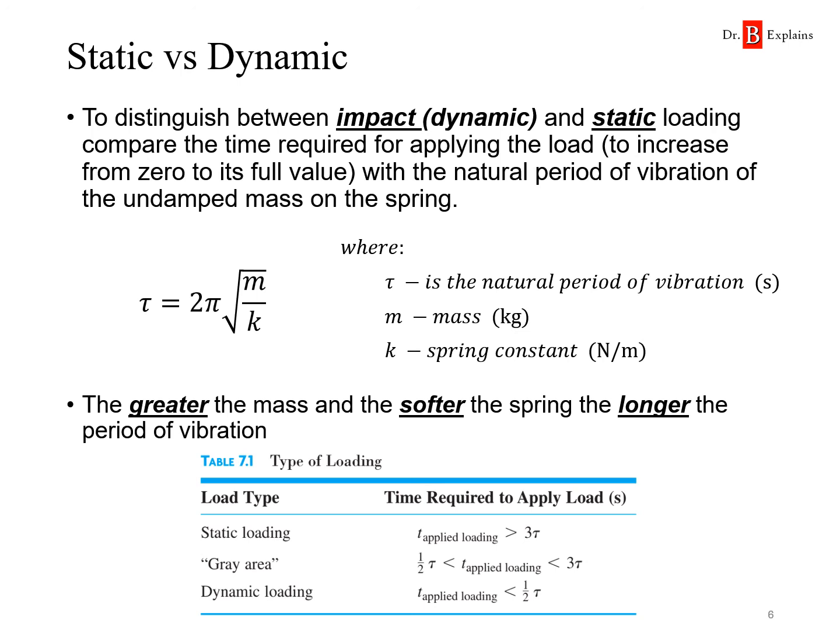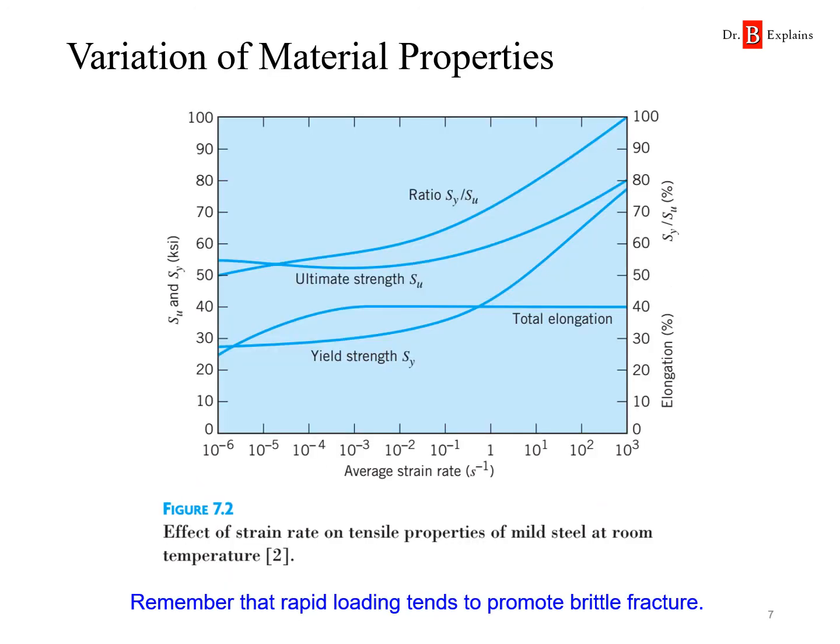So first, let's cover the case where we have a dynamic loading. But before we do, let's look at what happens to a material when the loading rate changes. Because when we think of impact, usually you think of something that is catastrophic and breaking stuff. But let's look at what happens to the material properties.